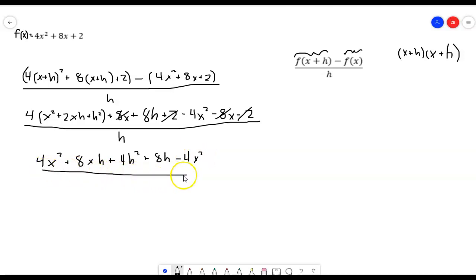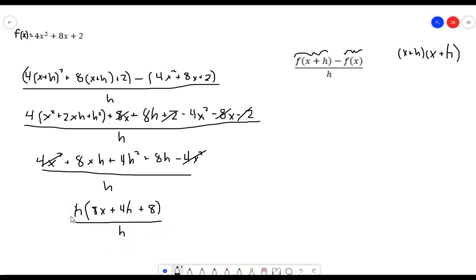All right, so this positive 4x squared should cancel out with this minus 4x squared, and it just leaves me this. Now notice that I have an h in each one of these terms, so I'm going to factor that out. Pull the h out, and I'm left with 8x plus 4h plus 8, all over h.